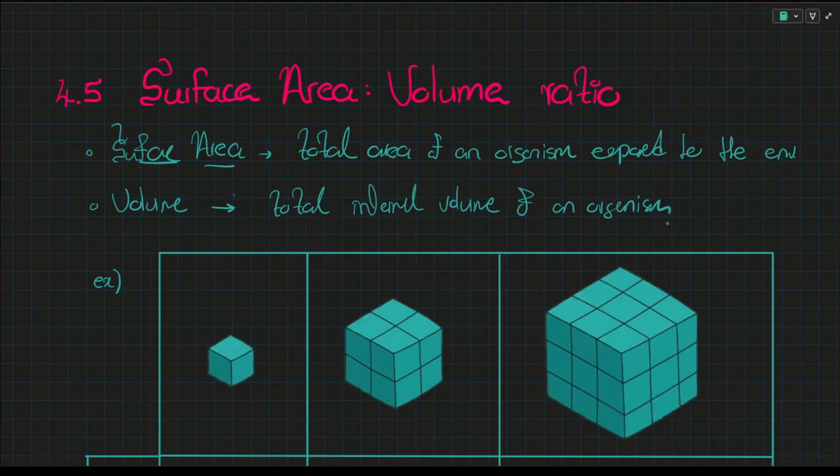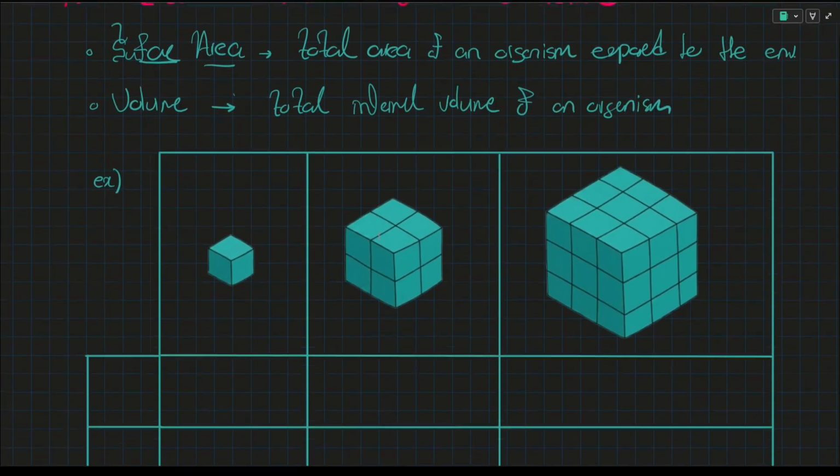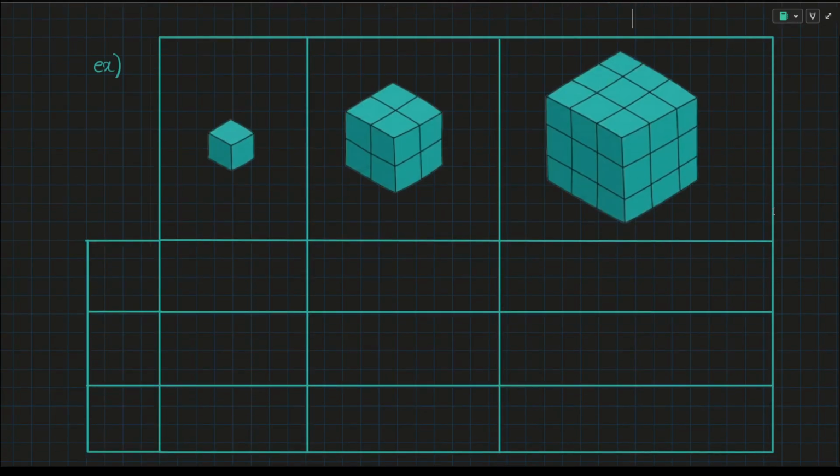That's it. Throughout my days of teaching surface area to volume, the best way I have found to properly make this stick into your mind is using this nice little example. Now on screen on canvas you will see 3 blocks with a nice tabulated schematic.